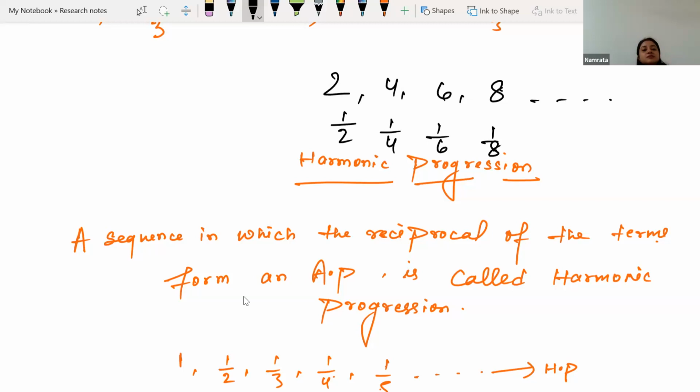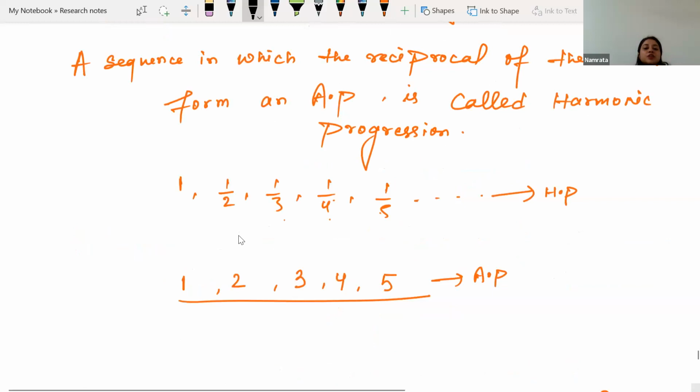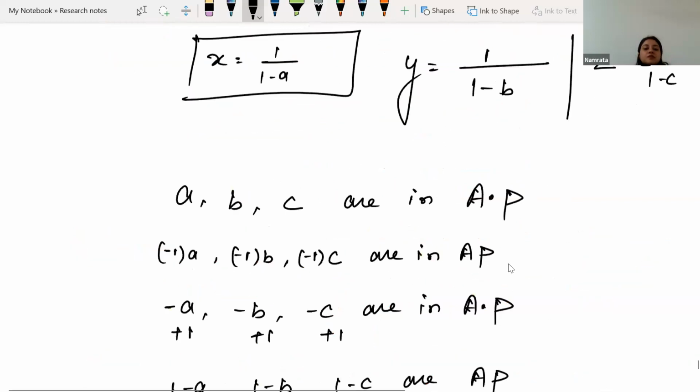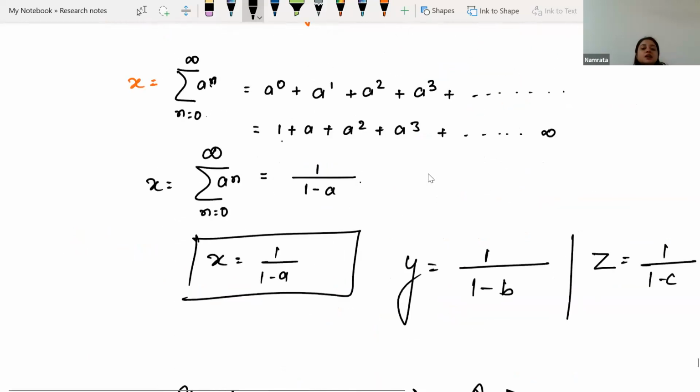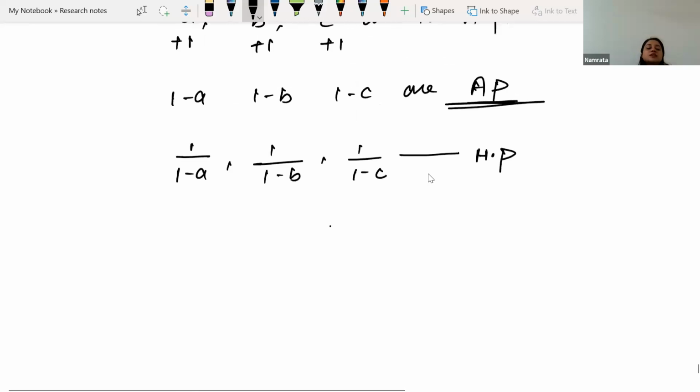So here we were having 1 minus A, 1 minus B, 1 minus C in AP. Now we have taken the reciprocal of each and every one, so X, Y, Z are in HP. Got it?